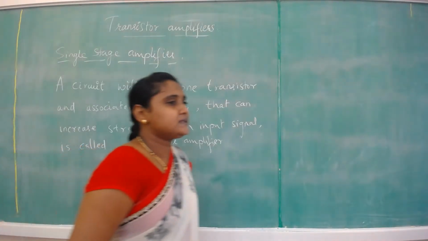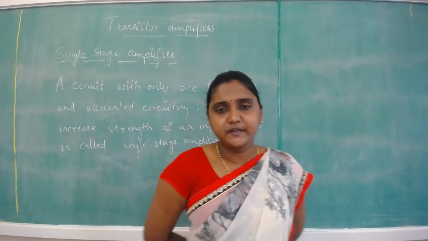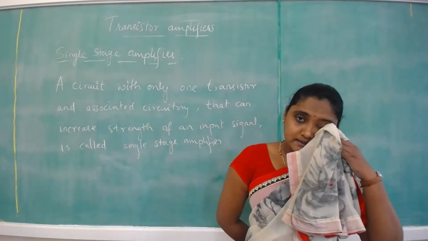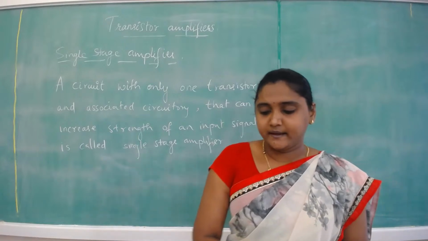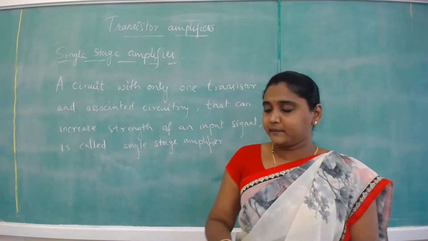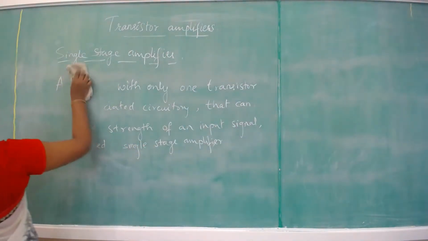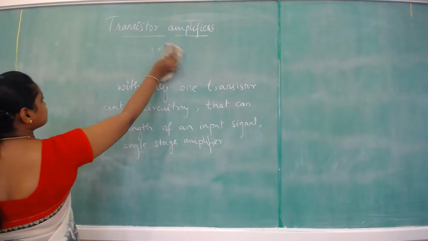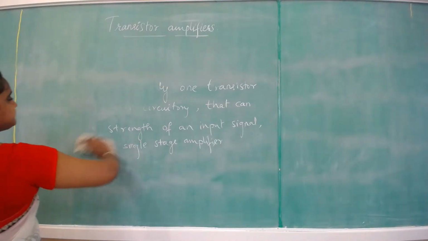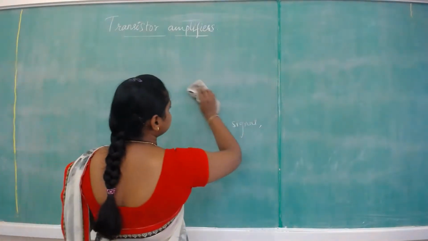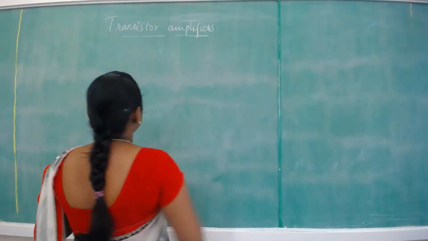As I have told you, in the single stage amplifiers you will be studying three amplifiers, that is CB, CC, and CE: common base, common collector, and common emitter. Now I am taking the common base transistor amplifier with circuit and detailed explanation along with its characteristics.